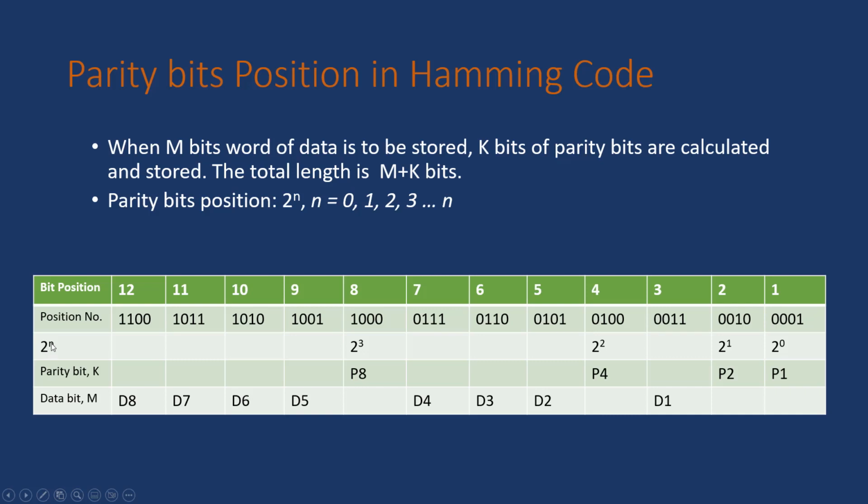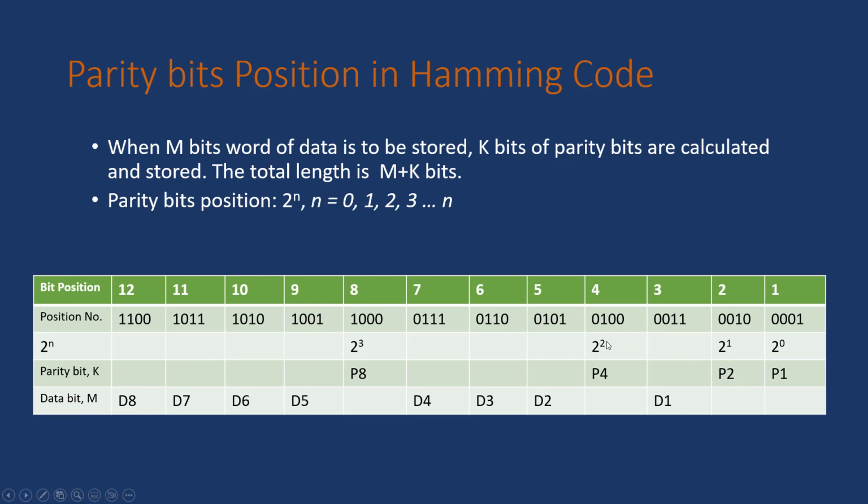2 to the power n, where n equals 0, is 1. So we put the parity bit in position 1. If n equals 1, 2 to the power 1 is 2, so position 2 is going to be a parity bit. Then n equals 2, 2 to the power 2 is 4, so the fourth position is going to be a parity bit.